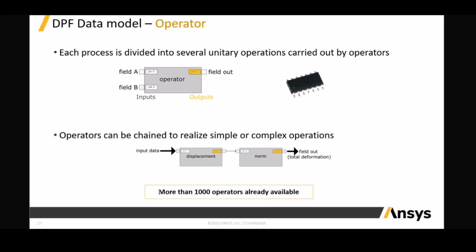The point I wanted to make is that the goal of DPF is to not reprogram the different operations we could imagine every time. Not every product has to reprogram what an FFT is. The idea here is to have a common library with usable operations, and we have already quite a few available.